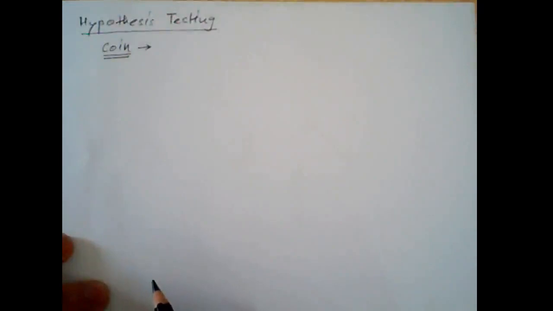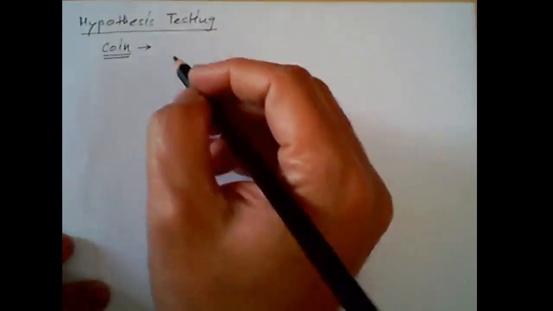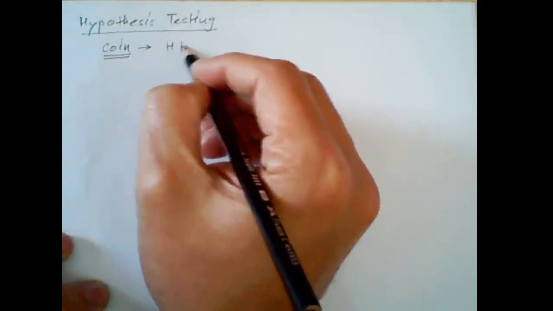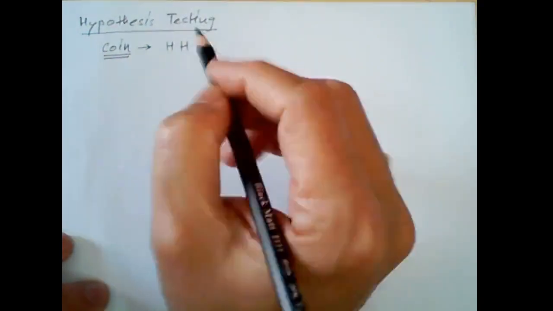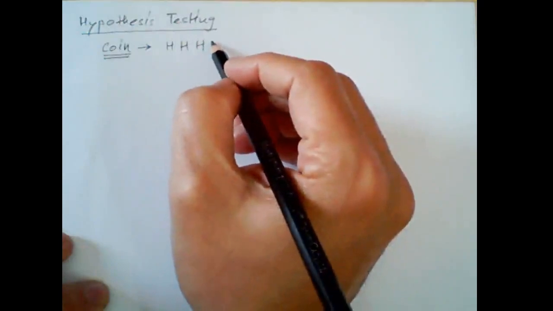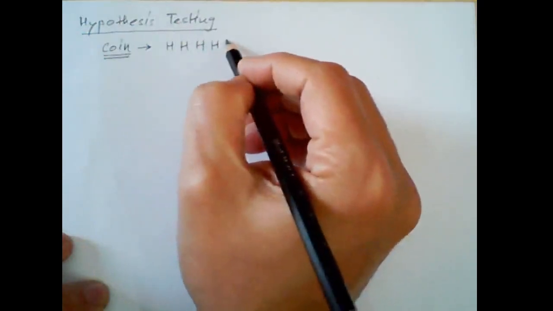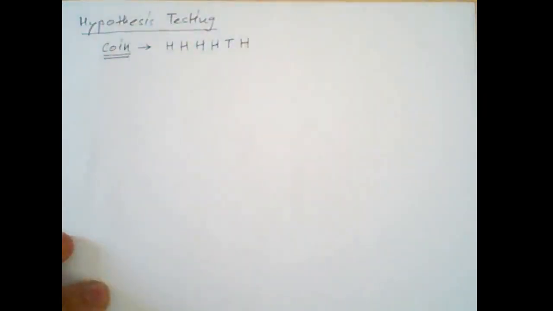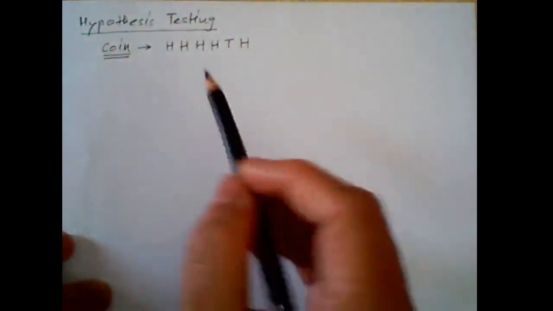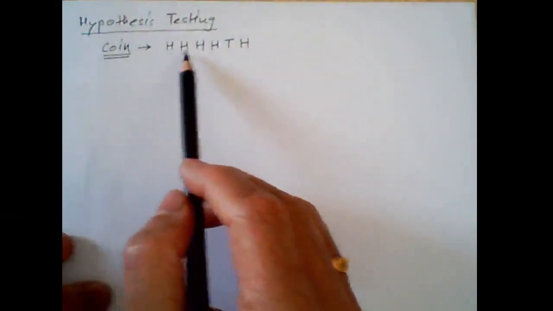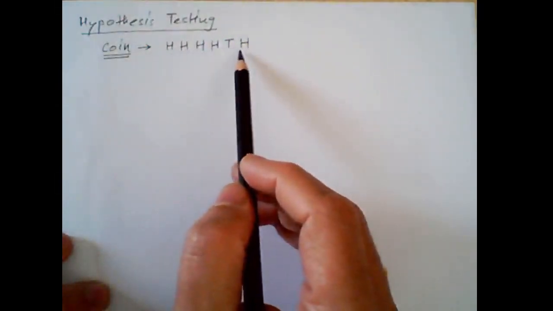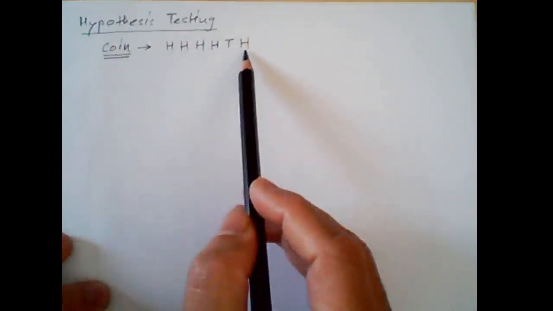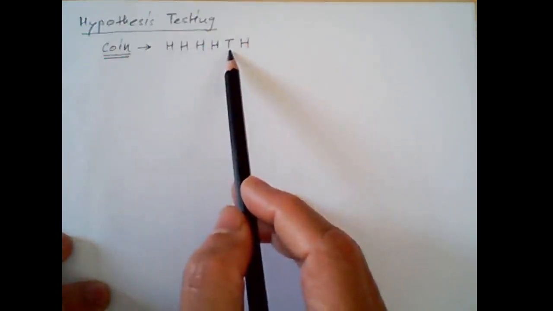In the 6 trials, he gets the following outcomes: heads, heads, heads, heads, tails, and heads. Now, you see that out of these 6 trials, the result is 5 times heads, and on one occasion, you have got tails.